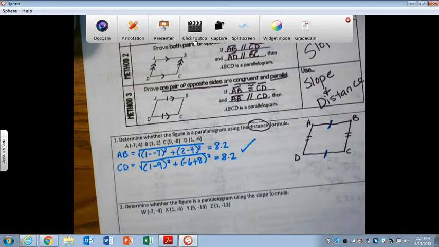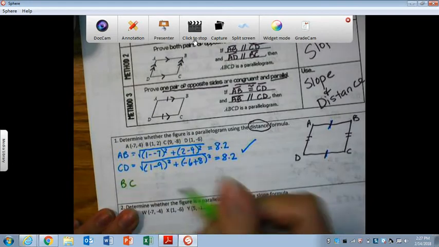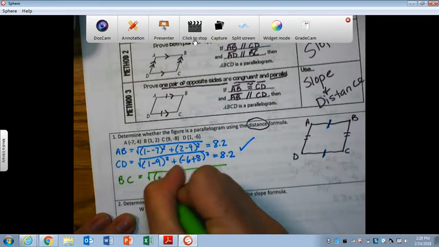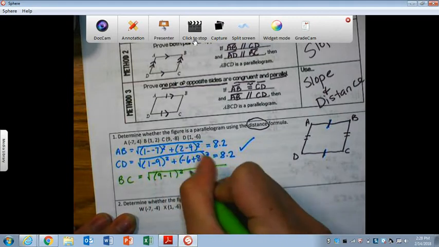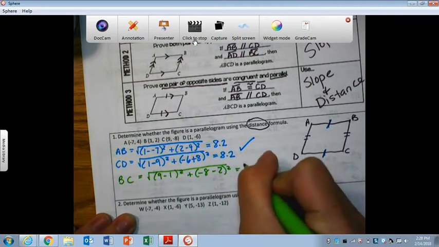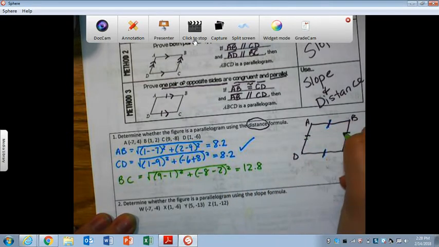Now let's look at the other one. Let's look at BC. So BC is 9 minus 1 squared plus negative 8 minus 2 squared equals 12.8. All right, so this is that. Let's compare that to AD.